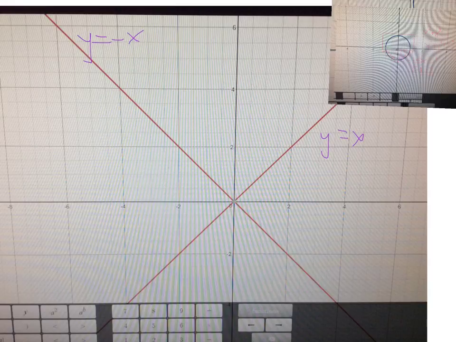Now, he is asking you to graph this between x equals minus 1 and x equals 1. So he's restricted the domain there. So minus 1 would be here, positive 1 would be here, and again, you're going to tell Maple that you only want to graph it in between those two values.